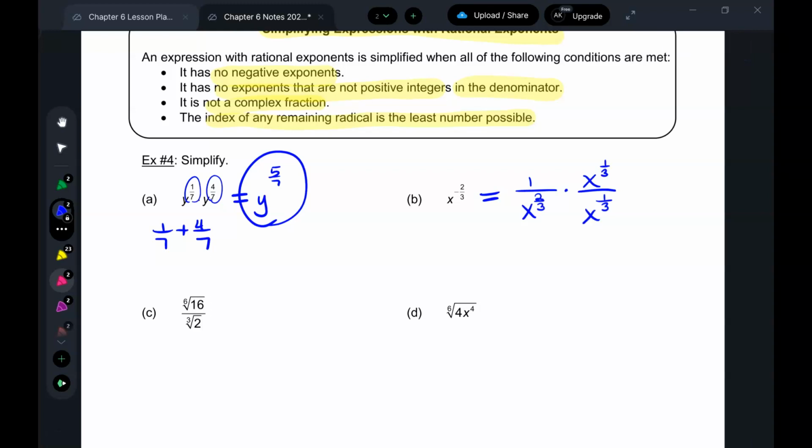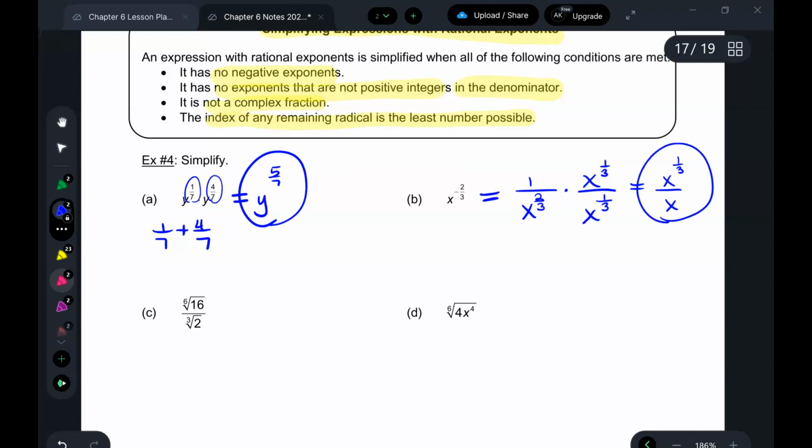Because I want to make sure whatever I multiply by, I get an integer exponent. In this case, that will make it 3/3, so that would just be x to the first power. And it's okay to have a fraction in the numerator. It's just like with square roots: I can have a square root in the top, I can't have one in the bottom. Same thing with the fractions, it's the exponent.